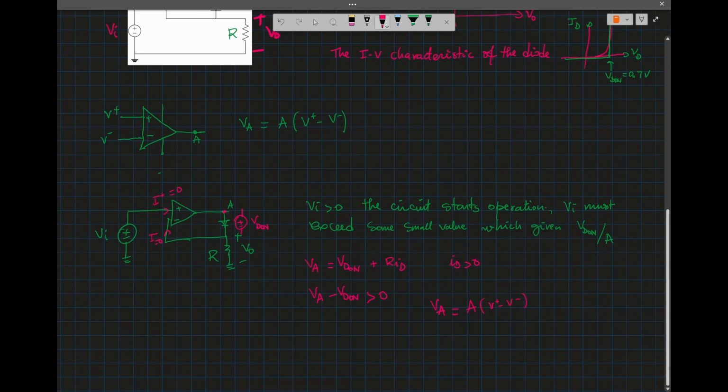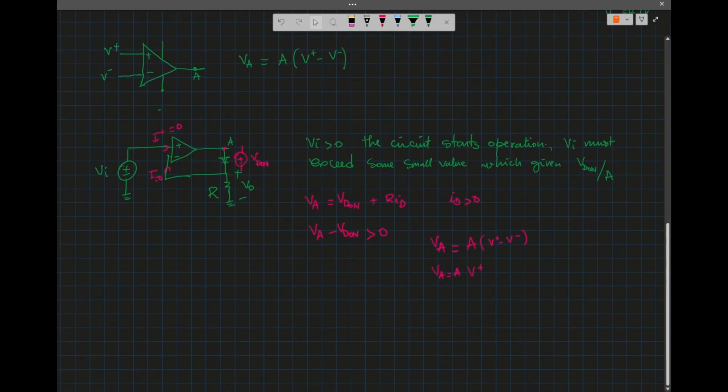When the network starts operating, VA is A times V plus, because VI is connected to V plus and V minus, which is connected to the output of the diode right before it starts conducting, is 0.